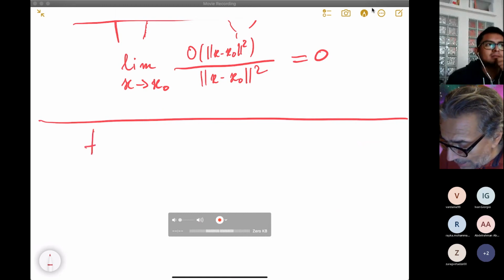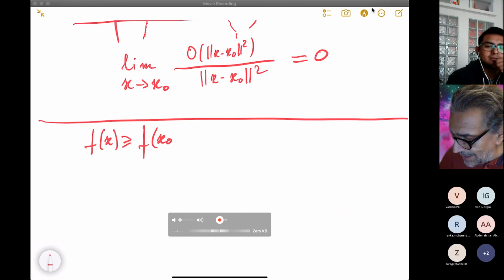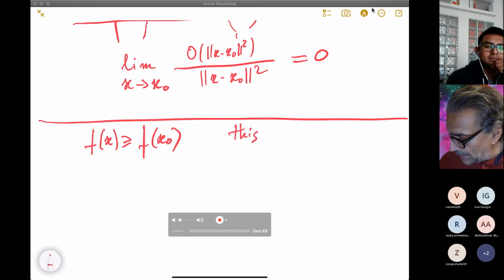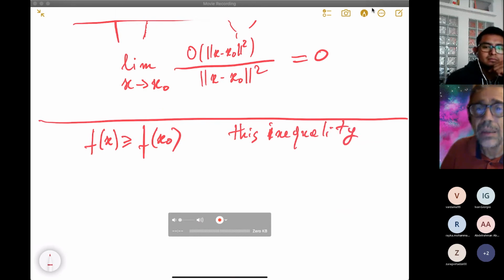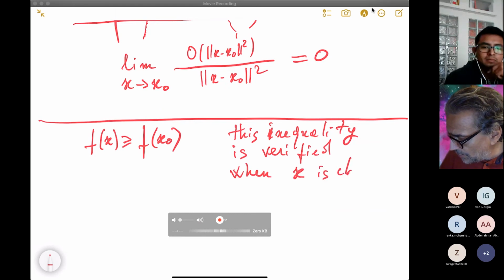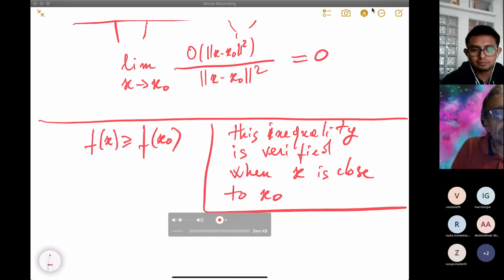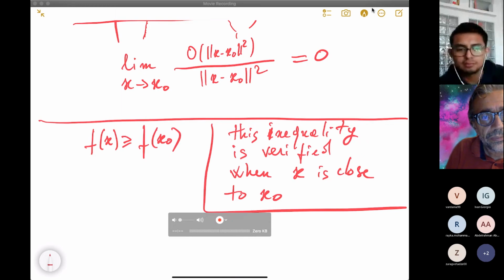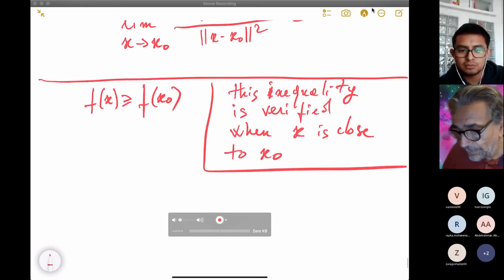Because when you have that x0 is a minimum, this inequality is verified when x is close to x0. So what does it mean?